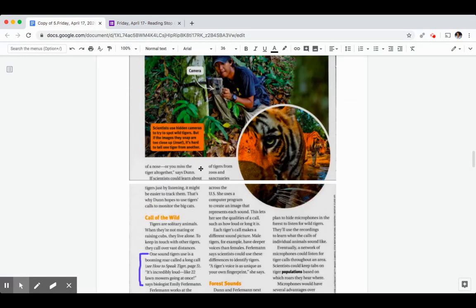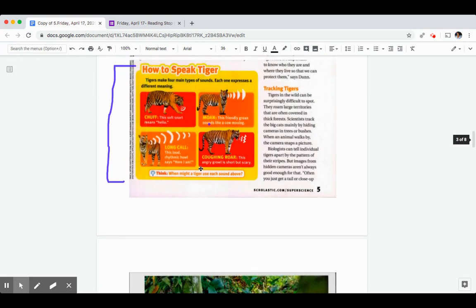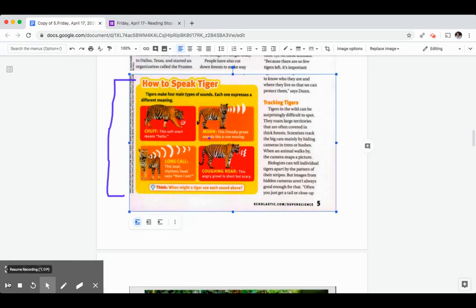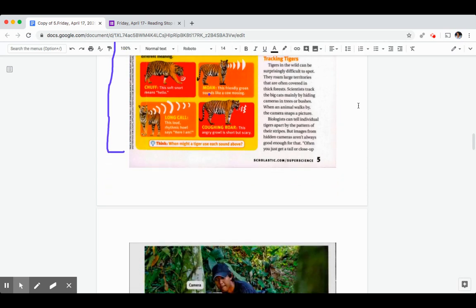If I go back to the text, go ahead and quickly reread those sections before we continue to chat. To start, what was the point of the section tracking tigers?